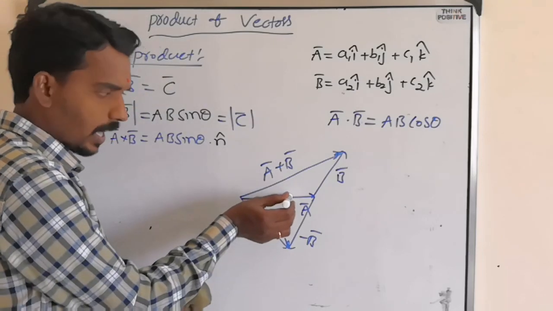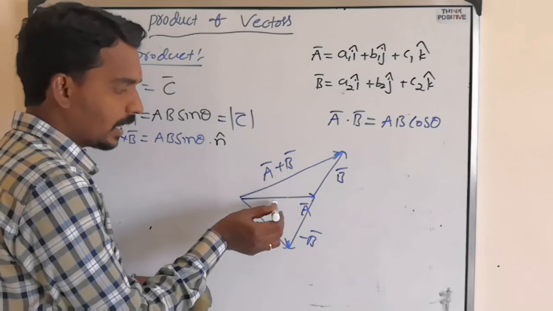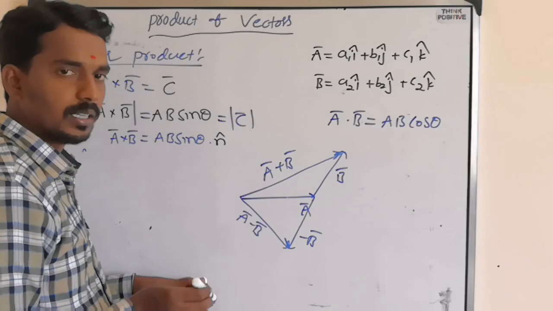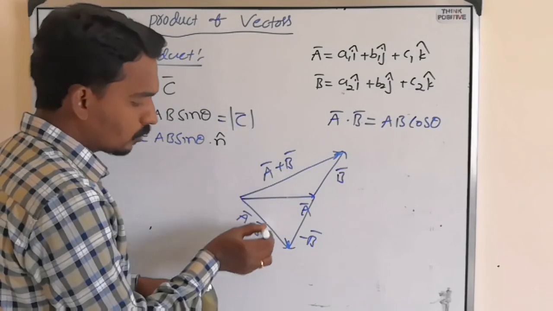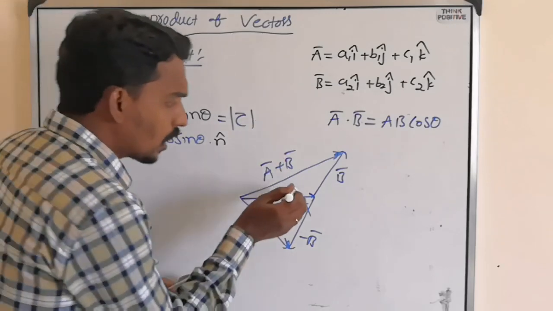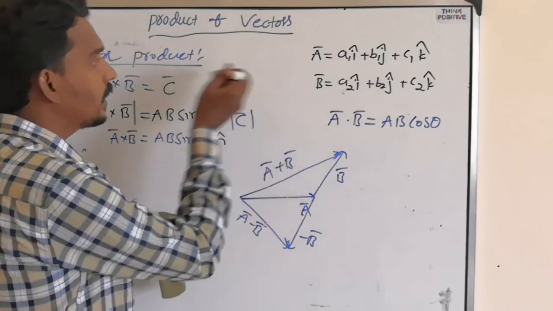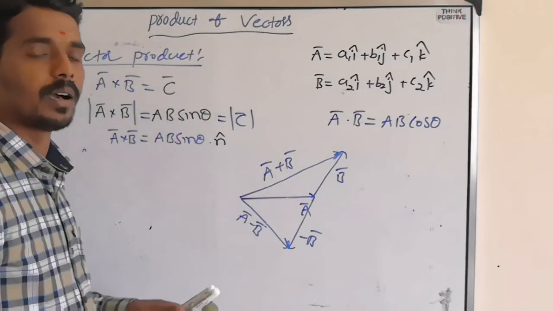This is the direction perpendicular to the plane containing A bar and B bar. Then it is also perpendicular to A bar plus B bar, also perpendicular to A bar minus B bar. But what is this direction actually? This is the direction of A bar cross B bar.